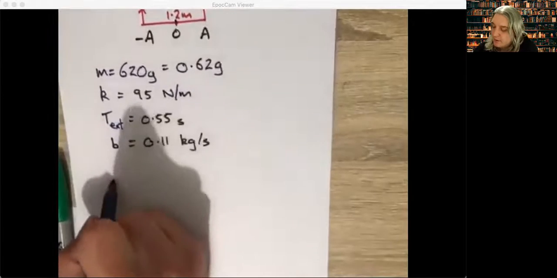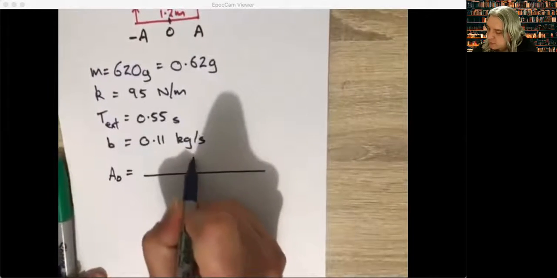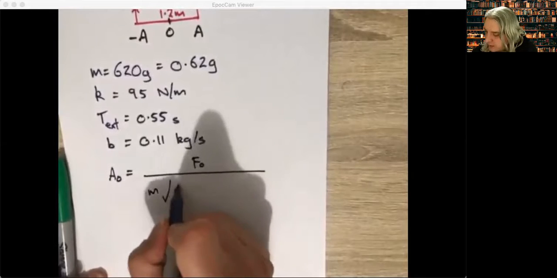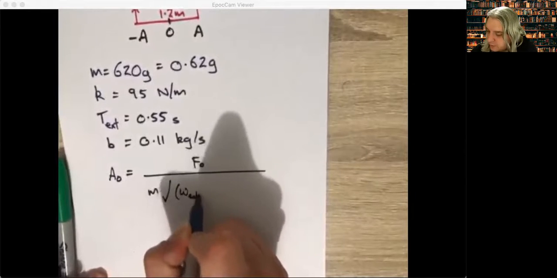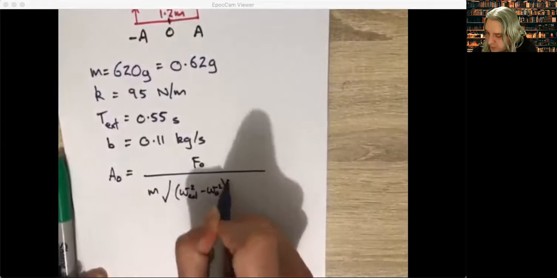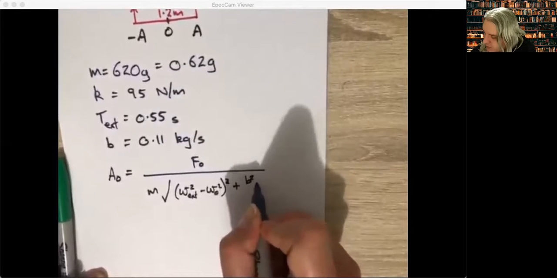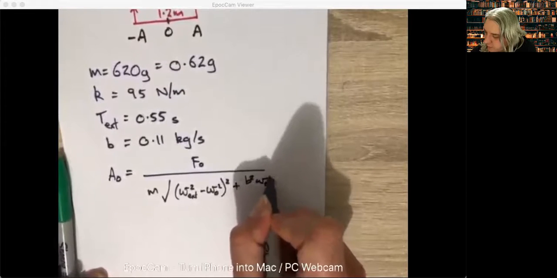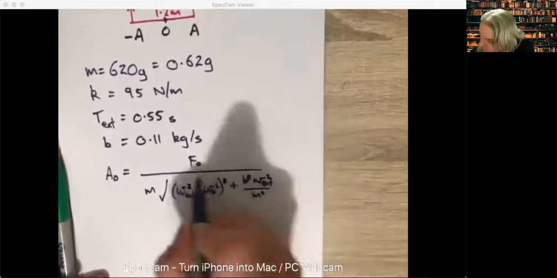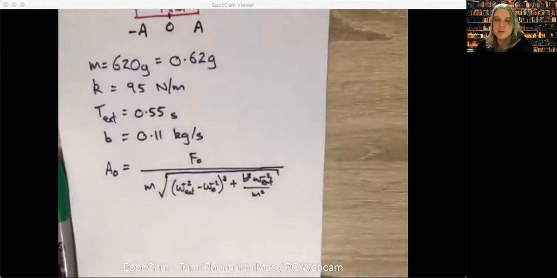So A naught is equal to this big fraction: F naught on the top, and on the bottom, mass times the square root of omega external squared minus omega naught squared, all squared, plus the fraction b omega external squared over m squared, all within the square root.